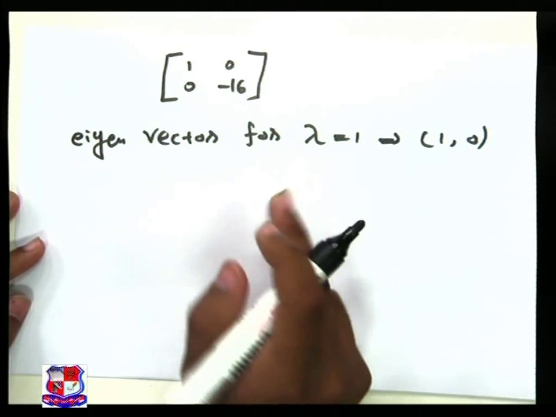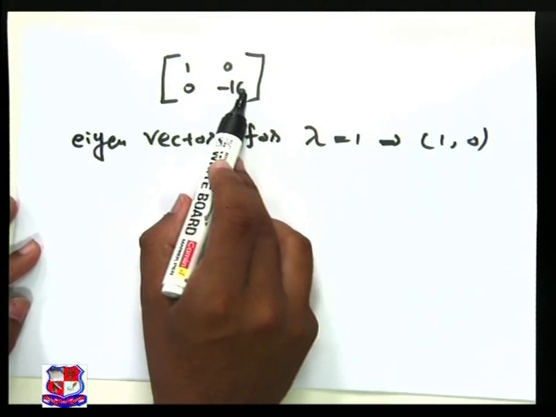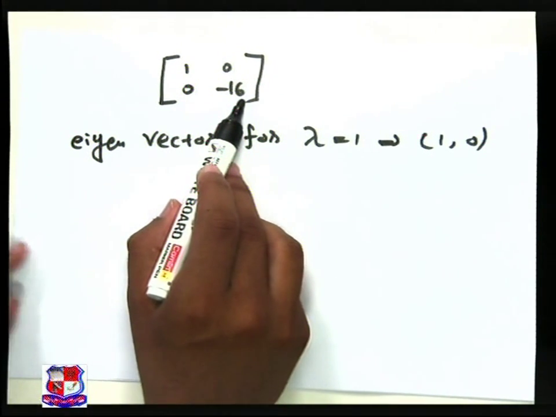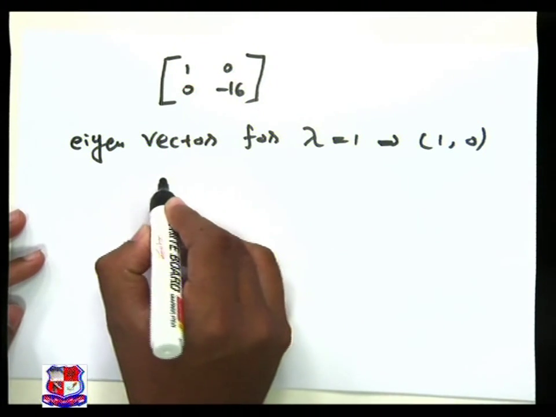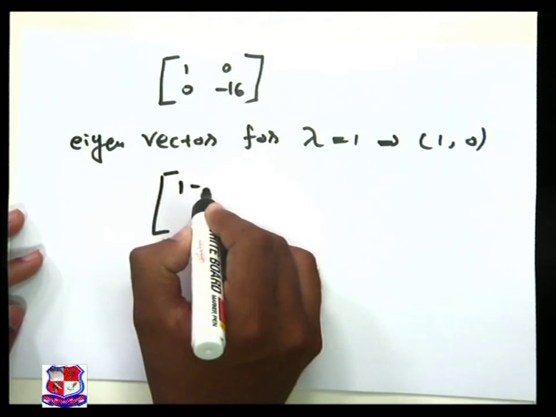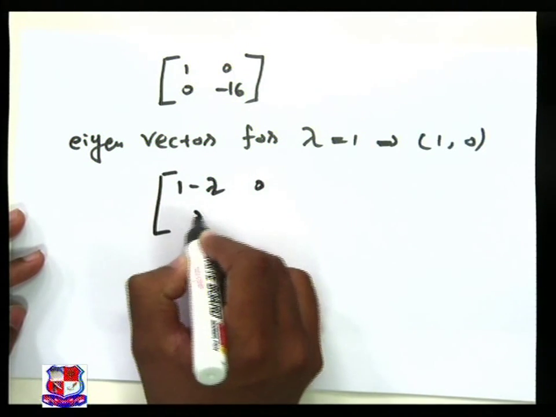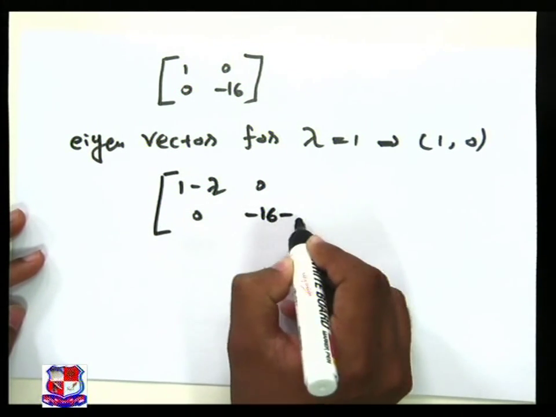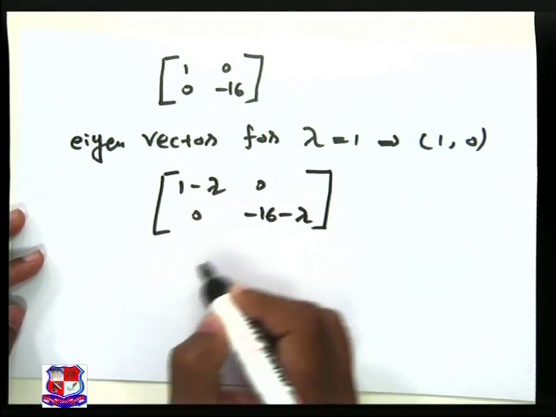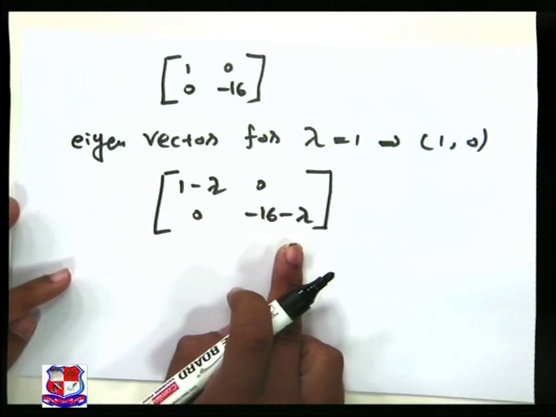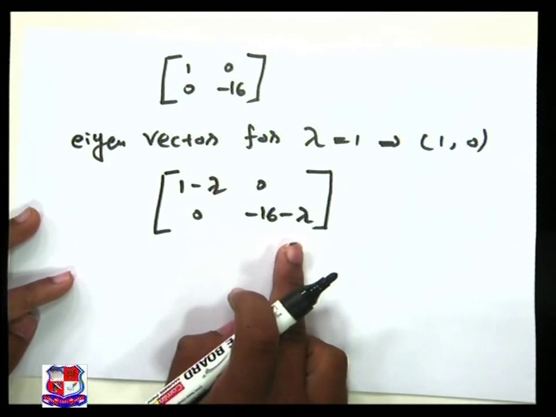Now if you want to find the eigenvector corresponding to lambda equal to minus 16, we definitely have to use this matrix [1 minus lambda, 0; 0, minus 16 minus lambda], and put lambda equal to minus 16.